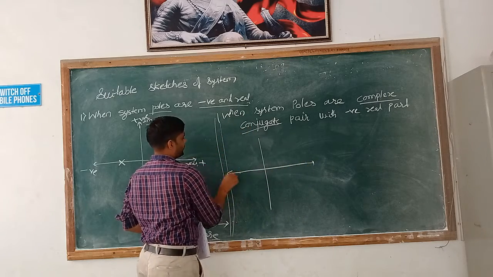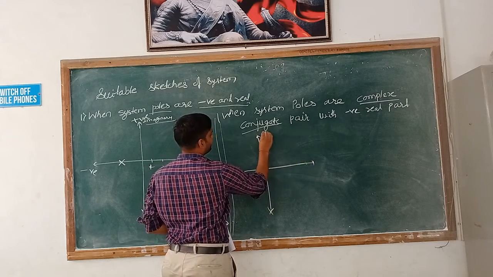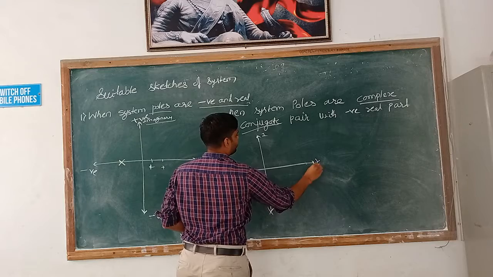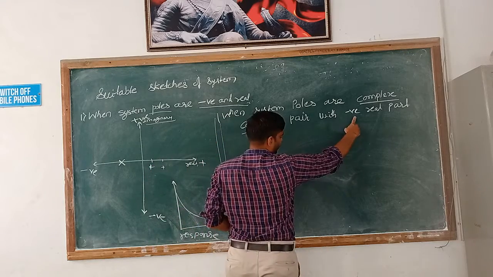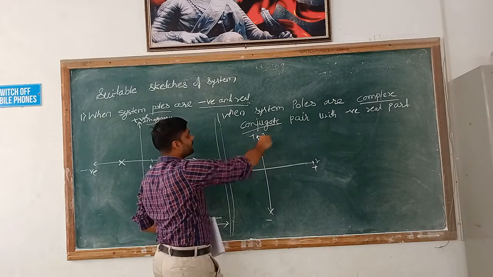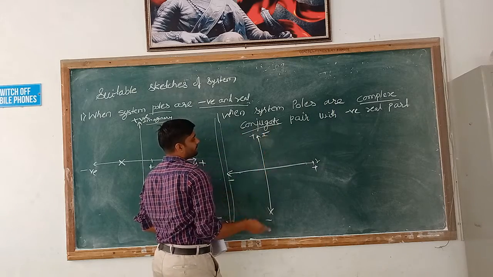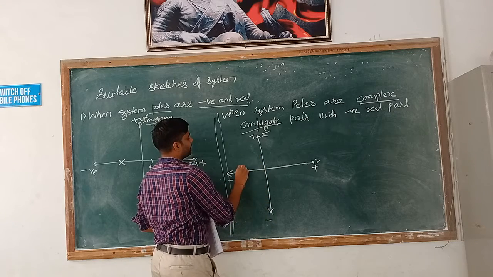So here this is the imaginary axis and this is the real axis. This is plus, this is plus, this minus, this minus. We have the negative real part and a complex conjugate pair. Complex conjugate means it has an imaginary part which is either positive or negative. So our poles will be like this.